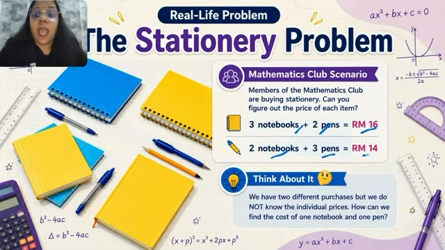Hmm. And that is exactly what makes this an interesting mathematical problem. We actually have enough information. We just need to represent it mathematically. Today we are going to discover how simultaneous equations can help us to solve real life situations.